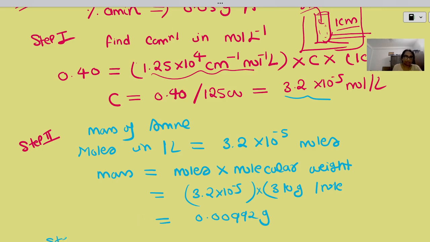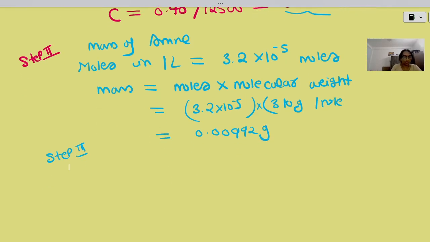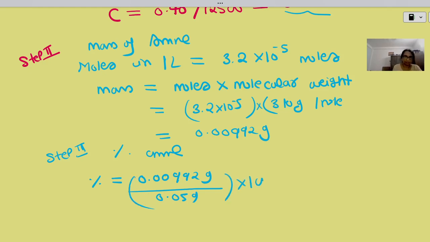Now in step third, we will calculate the percentage. In the above two steps, we have already calculated the moles and mass. Now calculate the percentage of amine. The percentage of amine is equal to the mass, 0.00992 grams, divided by 0.05 gram, into 100.